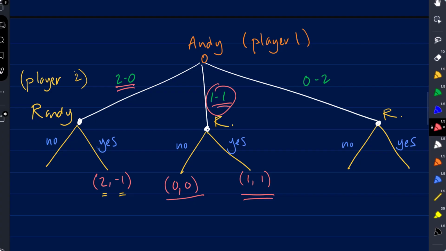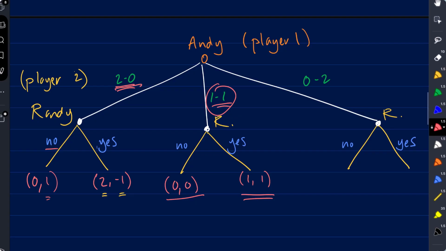If Andy proposes 2-0 and Randy says no, then the payoffs will be 0 for Andy and 1 for Randy. So Randy's getting a little bit of satisfaction out of saying no in that case, I guess.